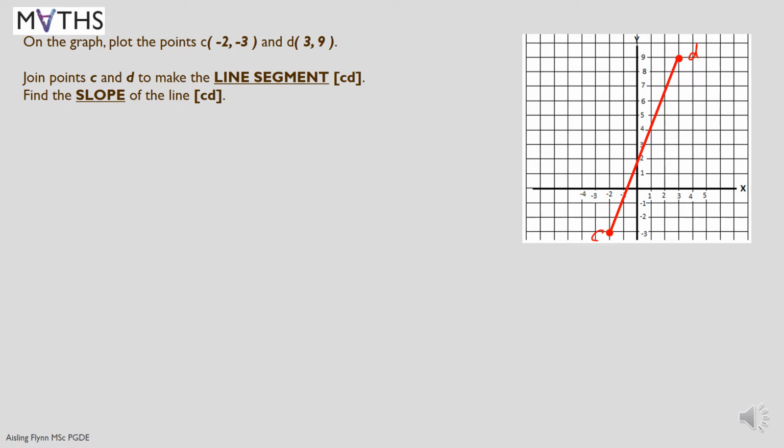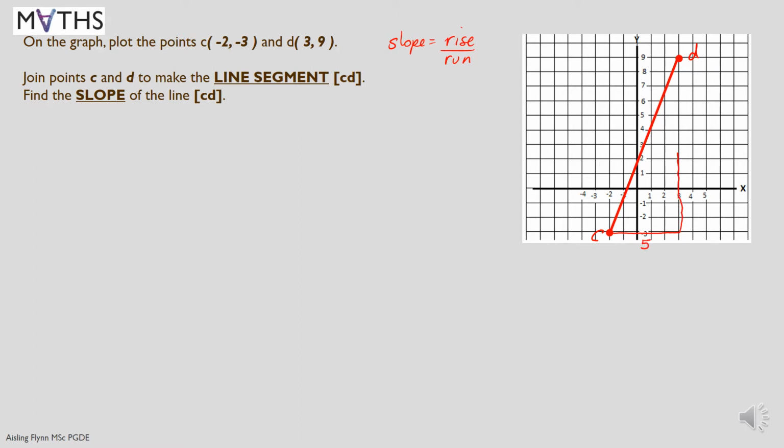Given what we looked at on the previous slide, we learned that slope equals rise over run. So I'm putting my pencil here on point C, and I'm going to count across the whole way until I'm right under D, and that is 1, 2, 3, 4, 5 units.